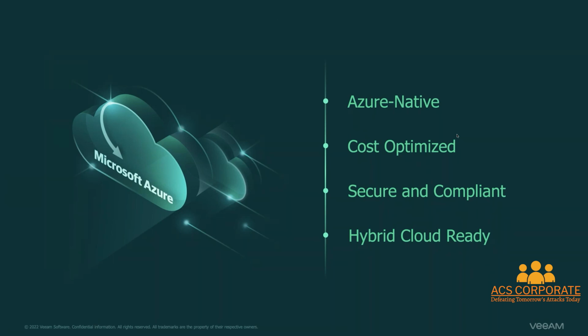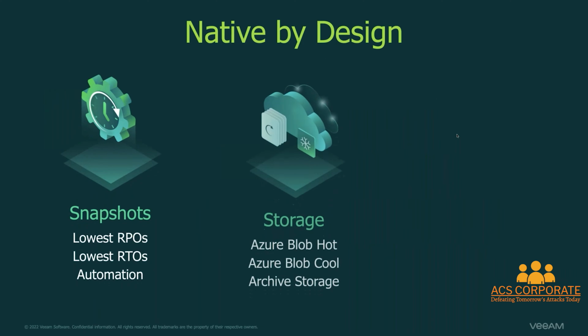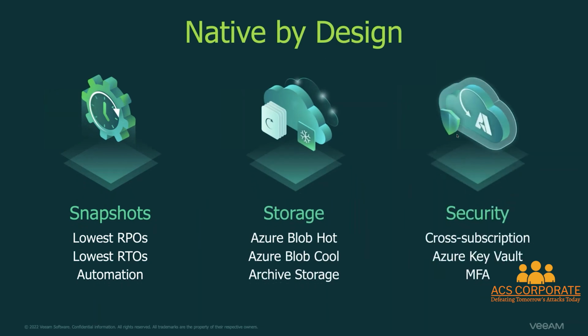So before we start getting into it, just a couple of comments on what we mean by native by design. So native is absolutely the best approach to go when it comes to protecting workloads in Azure as well as other clouds. So Veeam makes sure that we integrate with a number of native services and integrations across the Azure platform to give you best-in-class protection. So first off is utilizing those native snapshots.